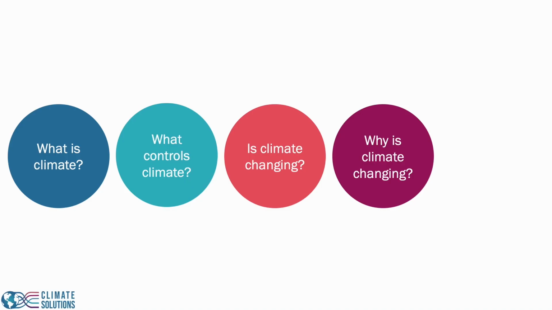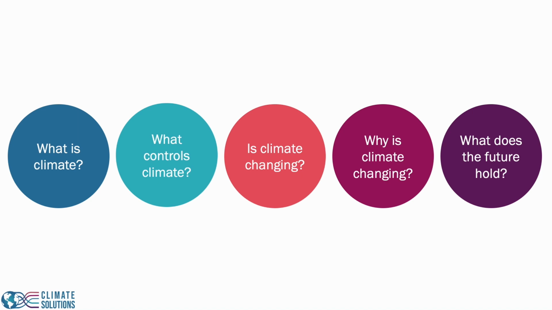And then finally, we're going to build on the understanding that those climate scientists give us to help us think about what the future might hold given different actions. And of course, because this course is about solutions, what we're really talking about is how do we change the path that we're on and move towards a different and more sustainable future.